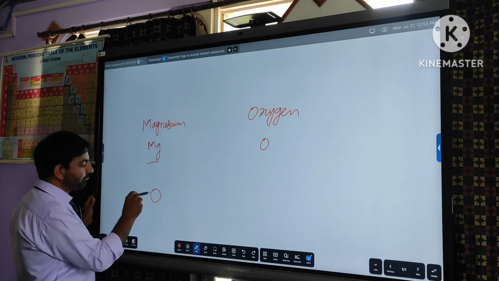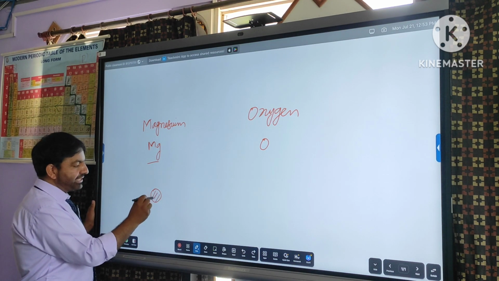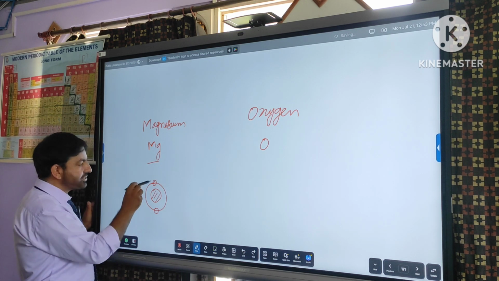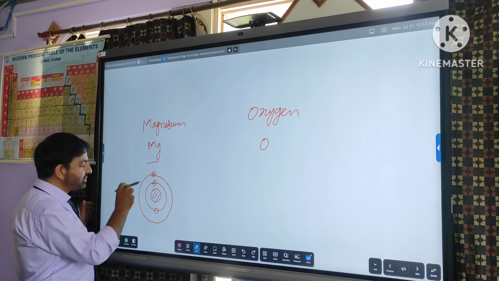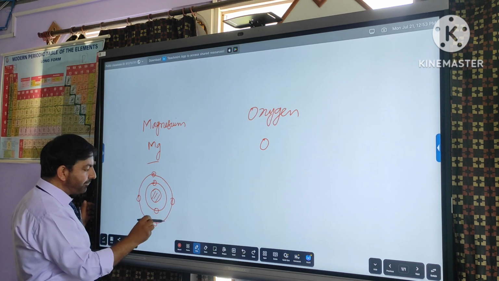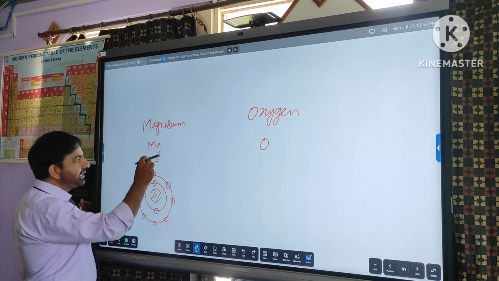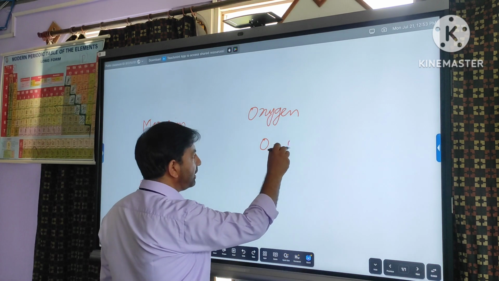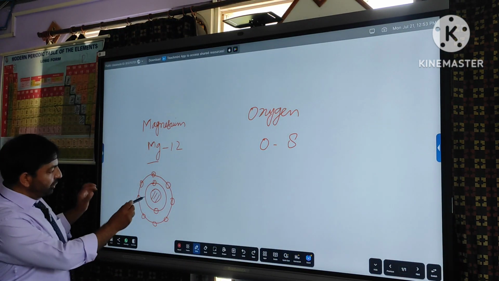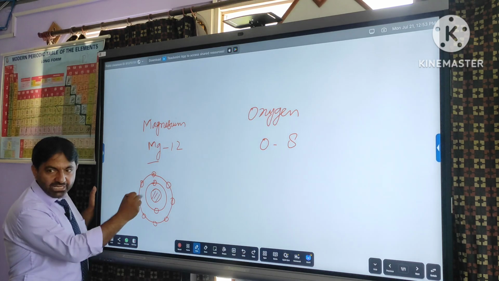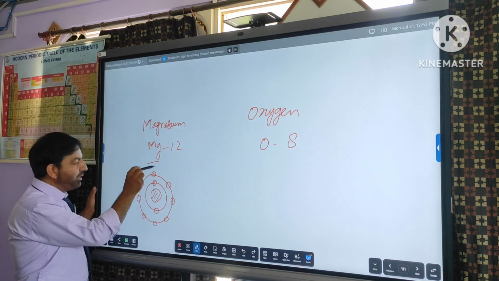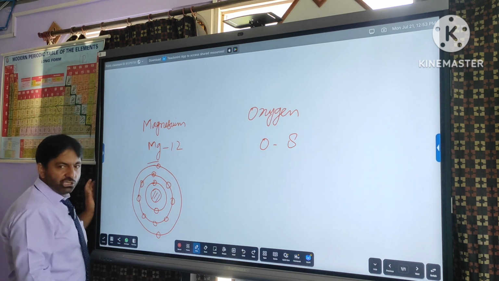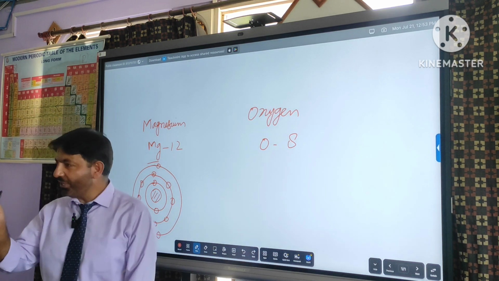This is magnesium, this is the nucleus. In the first K shell there are 2 electrons, in the L shell 8 electrons, because the atomic number of magnesium is 12 and for oxygen it is 8. So 2, 8, and one more shell with 2 electrons. So in the outermost M shell, there are 2 electrons.